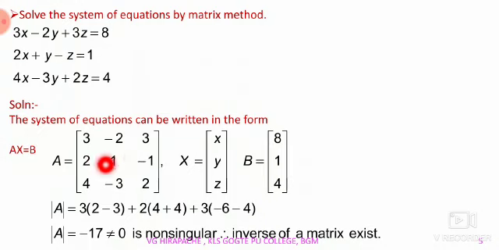Now to determine the inverse of a matrix, one has to check whether this matrix is singular or non-singular. If the matrix is non-singular, the inverse of the matrix exists and the solution is consistent and unique.